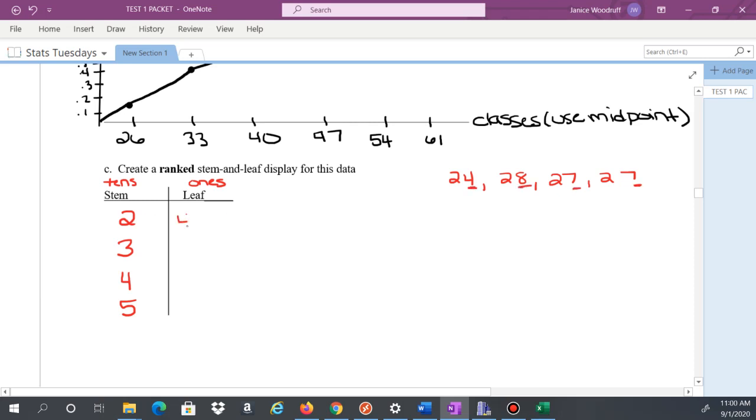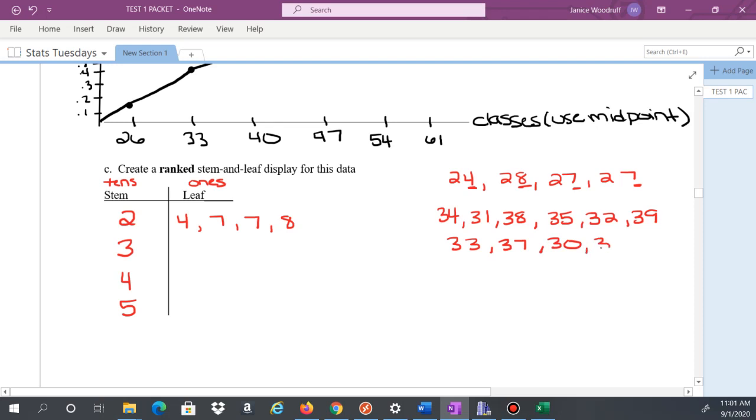So you would do 4, 7, 7, and then do the same thing with the 30s. So in the 30s, we had, let's see, you had 34, 31, 38, 35, 32, 39, 33, 37, 30, 38, 34, 36, and 30.